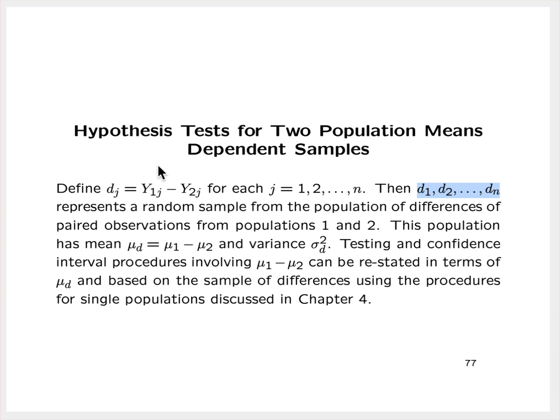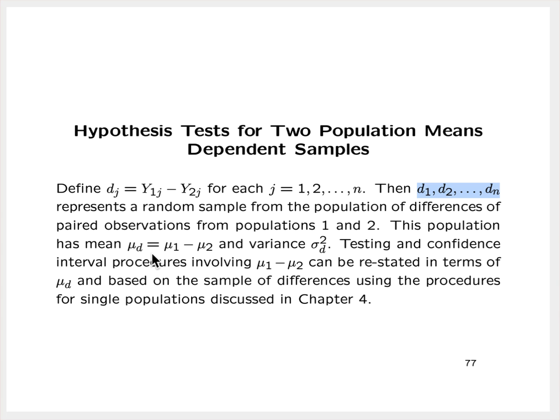Well, y1 sub j has a mean of mu1, and y2 sub j has a mean of mu2. And so the expected value of d sub j is mu1 minus mu2. So we get this result by virtue of what we know about properties of expectation that we learned back in the section on probability and distribution theory.